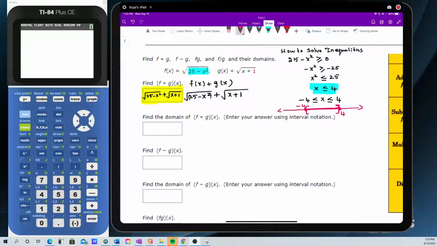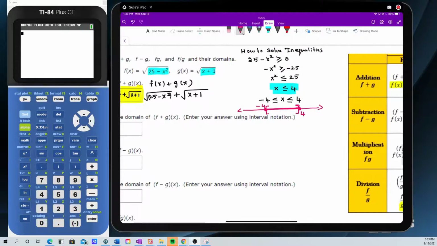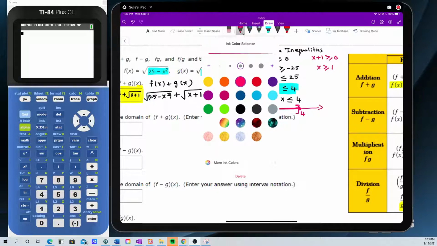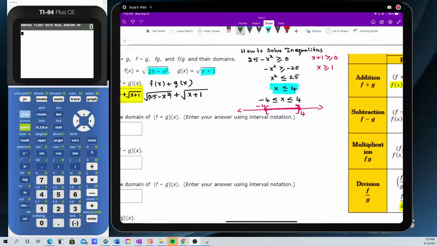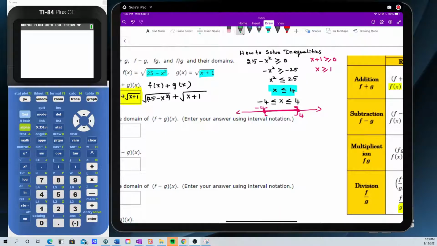Okay. Now, but I have a second function in here, x plus 1. So for this second function, my x plus 1 should be greater than or equal to 0, which is x is greater than or equal to negative 1. So if I have to graph this, let me use another color, in the same axis. So this is negative 4, negative 3, negative 2, negative 1 will be here, right?